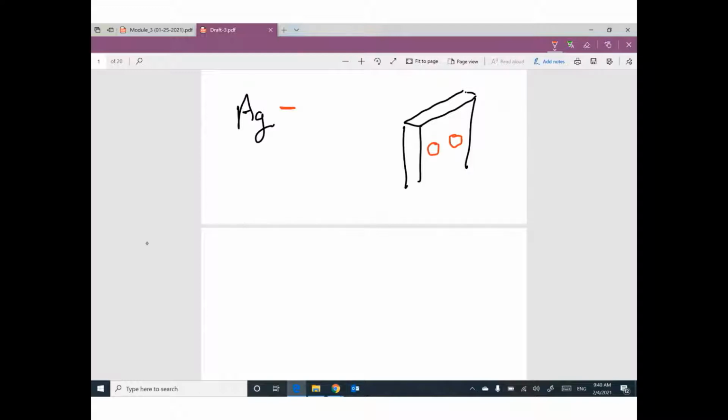We need to subtract the area of these holes. That's it. You need only to understand this concept: area net equals the total area without holes minus the area of the holes.